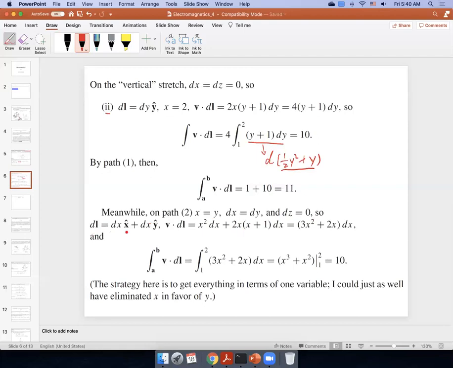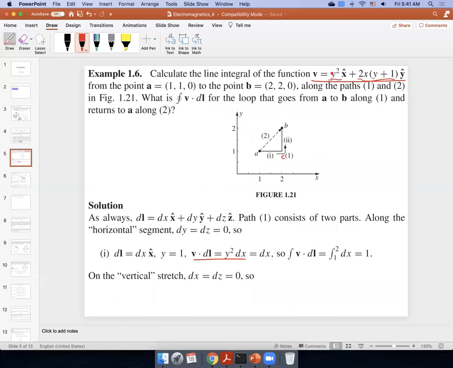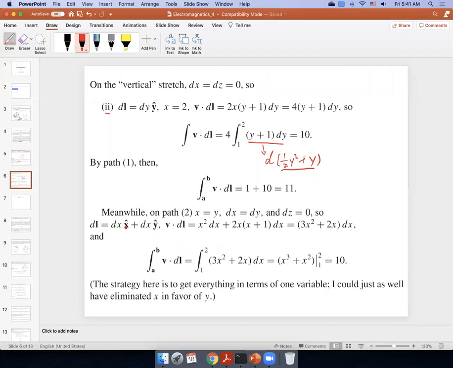Now dl depends on both x and y. It's independent from z. Z is 0, so dz is 0. So now you have dx and dy terms. So v dot dl becomes, using this dot product with dl, you will get this form.